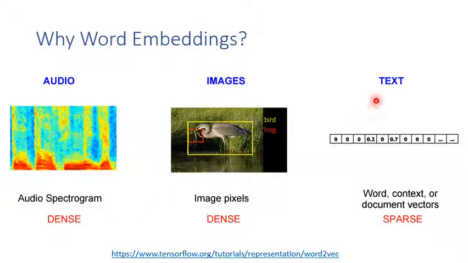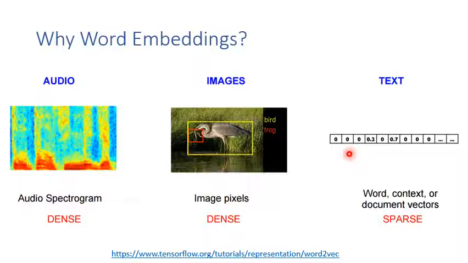On the other hand, the vectors for text are sparse. Remember, we convert words into one-hot encoding vectors, which means all the data in the vector are 0 except 1. So the text data, for example, a sentence, may consist of multiple non-zero data, but most data in the text are 0.